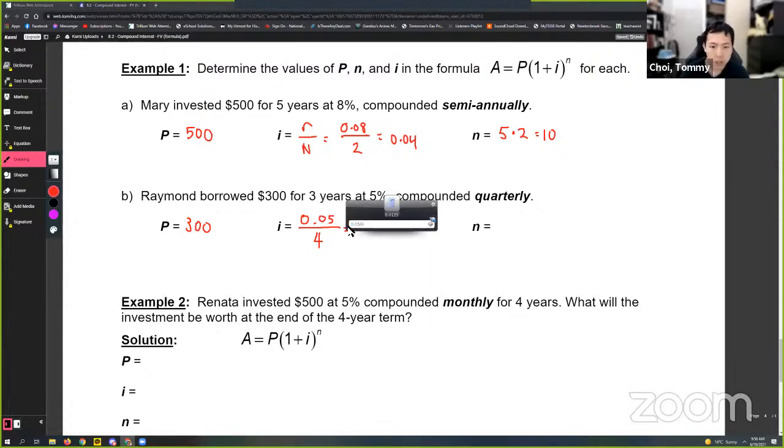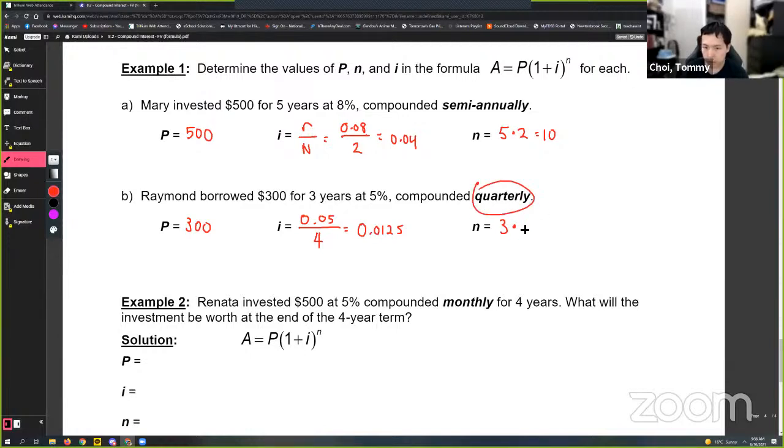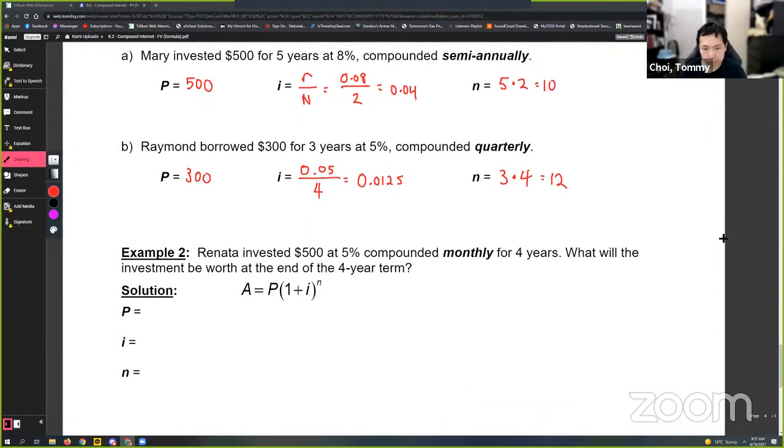I don't know why I did times 4. Divided by 4, I get 0.0125. And for our N value, we take the number of years and we multiply it by our compound, which is 4, which gives us 12. So it's 4 times per year, and for 3 years gives us 12 times in 3 years. So that's the idea here.